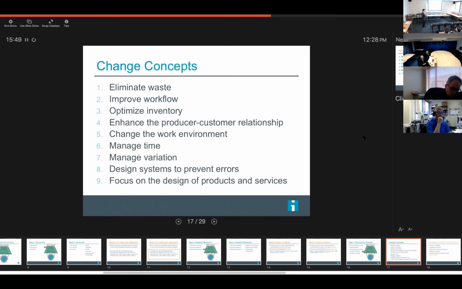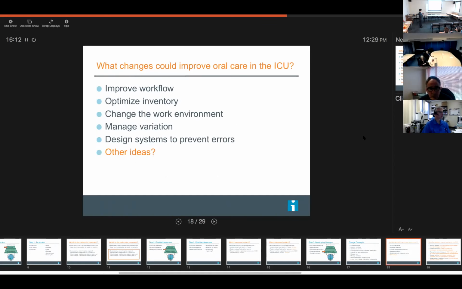Unsafe systems are expensive because out of all the unsafe activity comes cost from having to deal with the aftermath of events and problems. So a safe system is cheaper to run, and focus on design of products and services. So that speaks for itself.